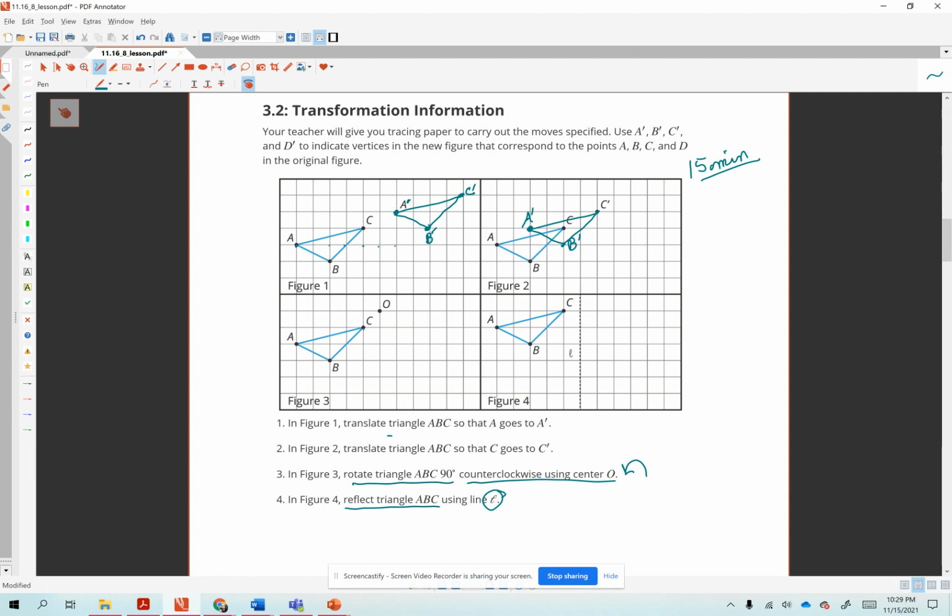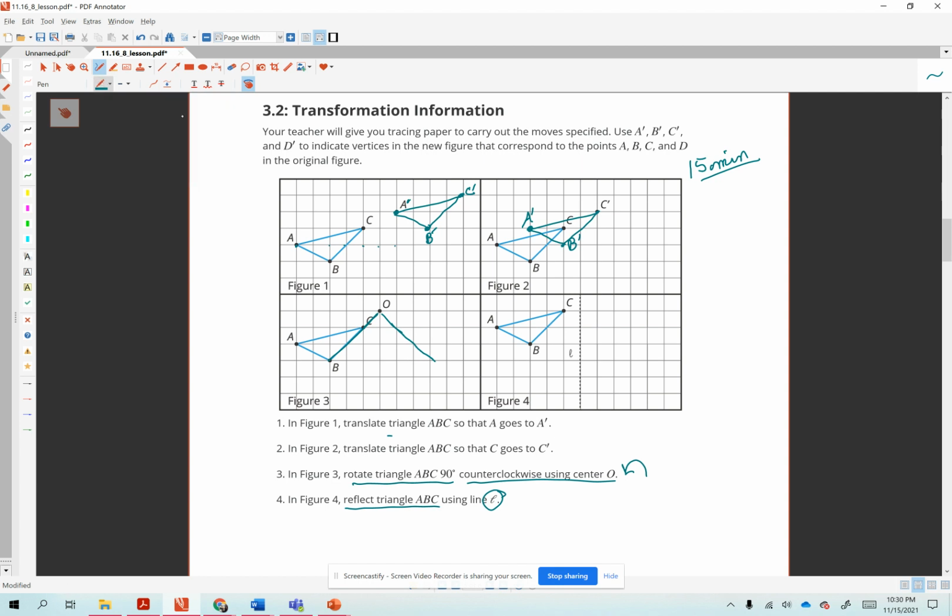So if we think of swinging this around, and when you try the applet, it's easier to do it. A would come down here, C would, let's see, 90 degrees. So here's line BC. So 90 degrees would be this way.